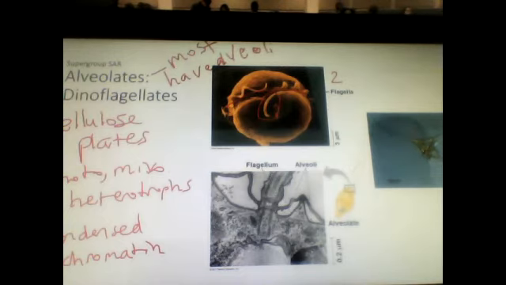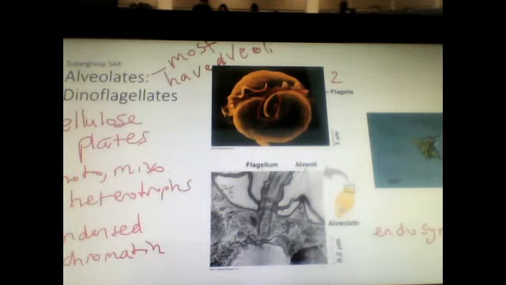And lots of them function as what we call endosymbionts. So they can actually have other little organisms that live within them, and everybody's happy. Symbiosis. They're working together.